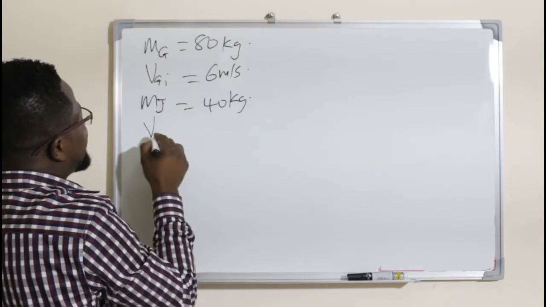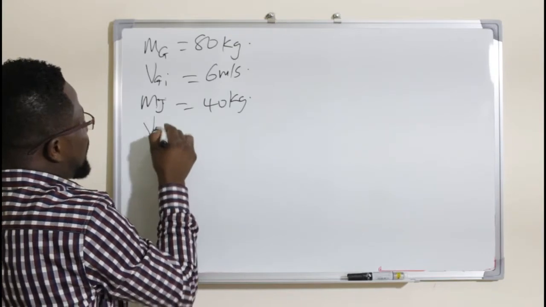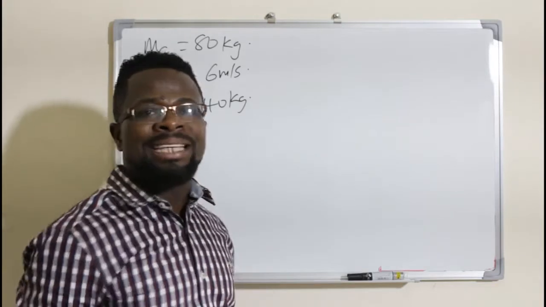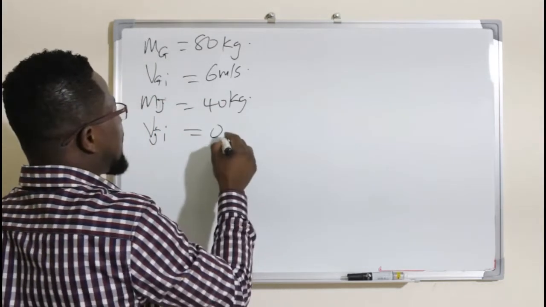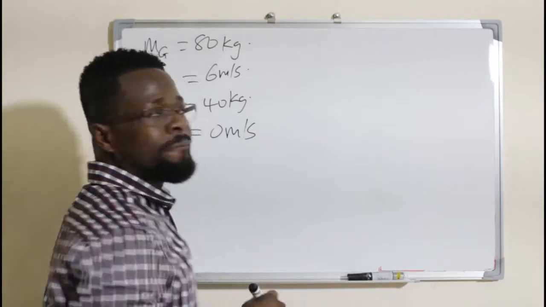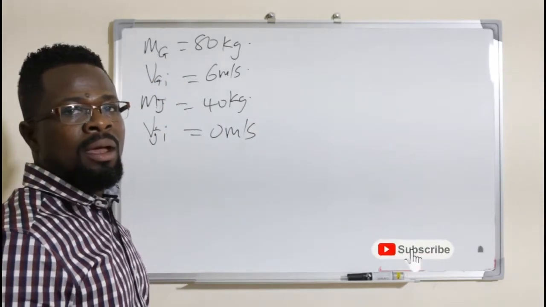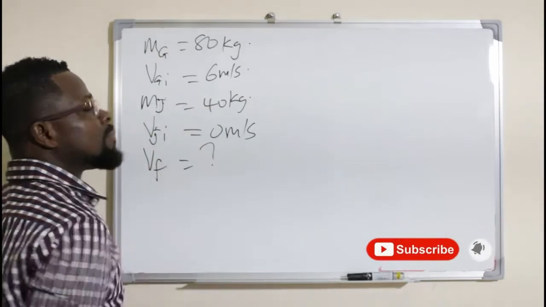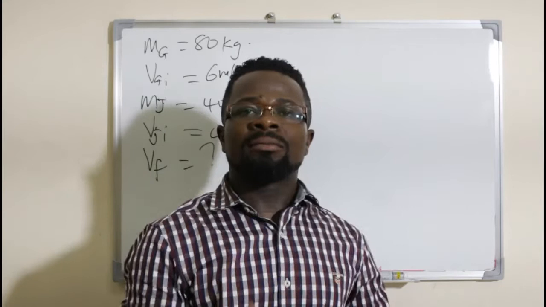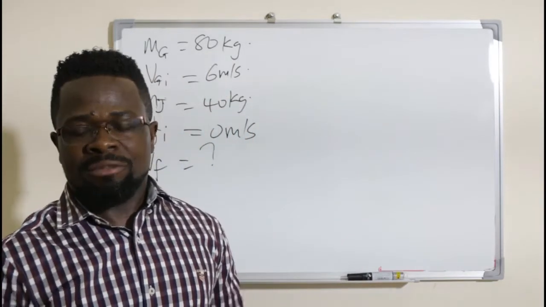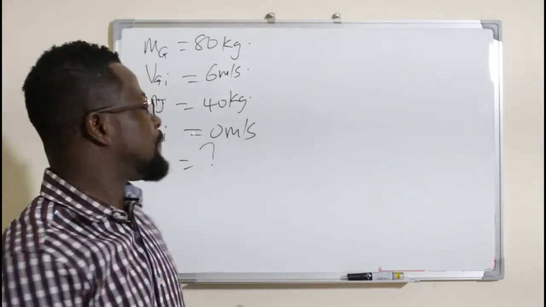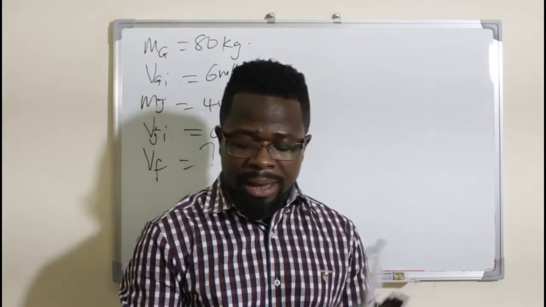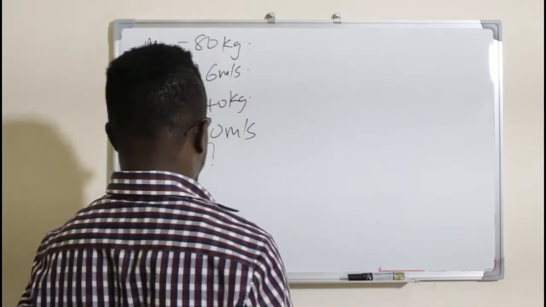What is the initial velocity of John? John was at a stationary position because John was resting. Therefore, John has 0 meters per second velocity. And now we are told to find their common velocity after collision. After Granny has picked up John, we want to find the velocity that the two of them are going to move with.